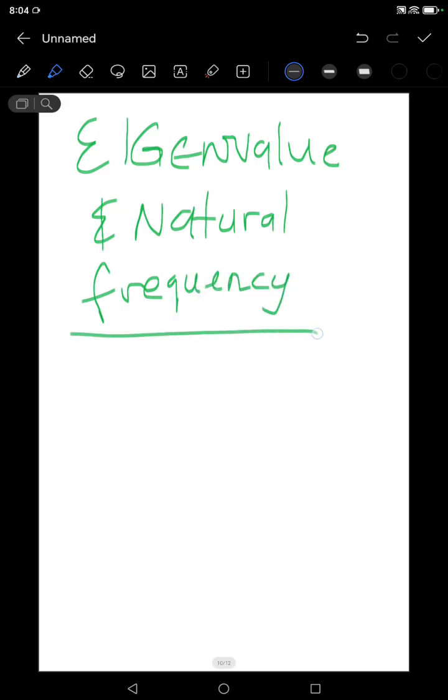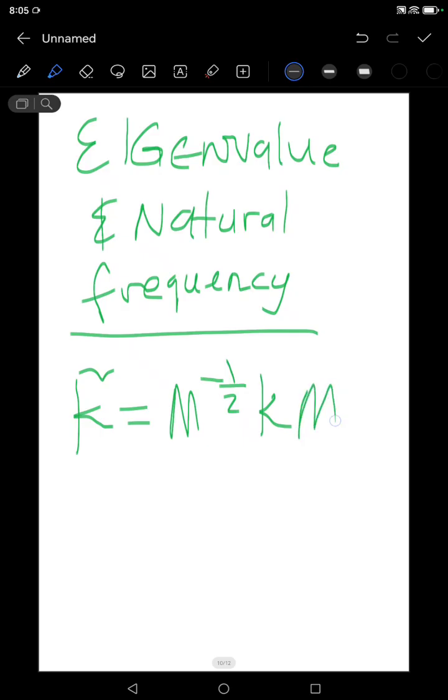So under this, the main objective is to determine what we call the normalized stiffness. The formula for normalized stiffness is K prime equals mass to the power of negative a half, times K, times mass to the power of negative a half. Still, the mass is going to be from the matrix, and the K is also from the matrix.